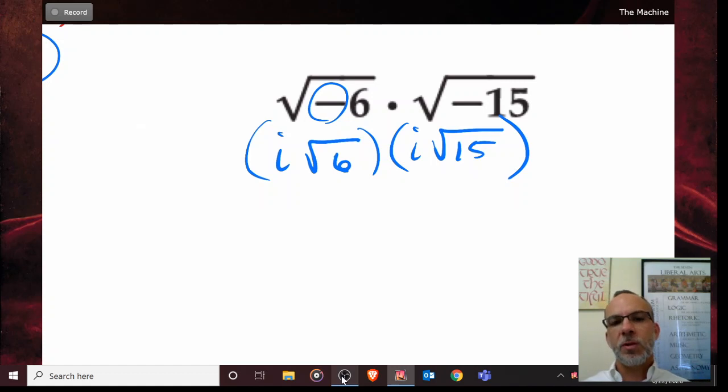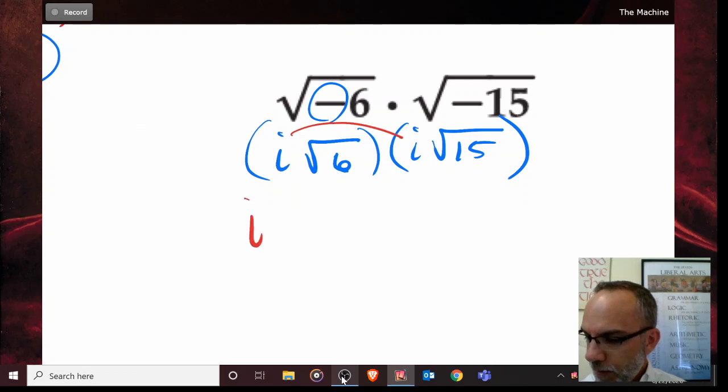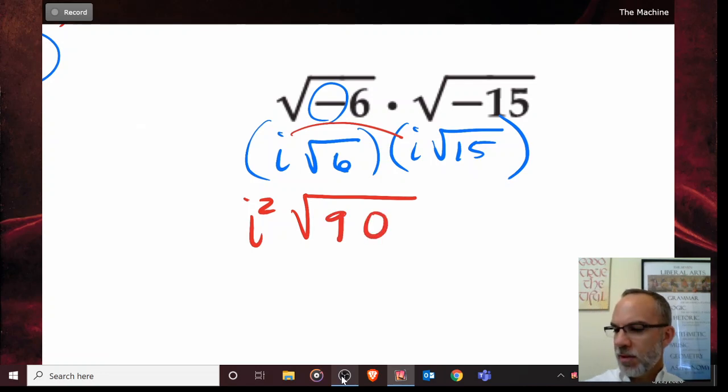Then I can multiply the positive ones together. But first, let me do i times i. What's that? i squared. And then this becomes radical 6 times 15. What is that? 60 plus 30. Well, it looks like 90 to me. I think that's right.